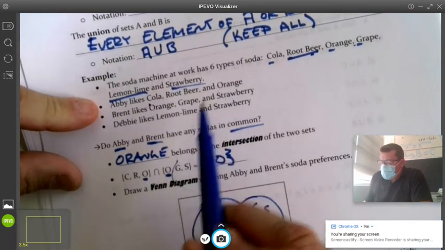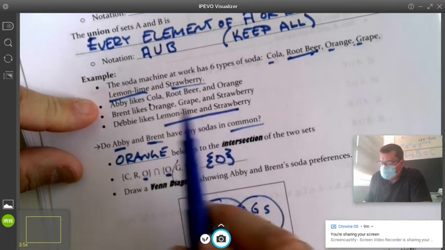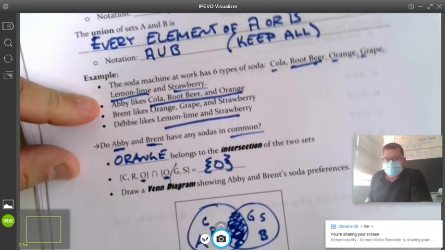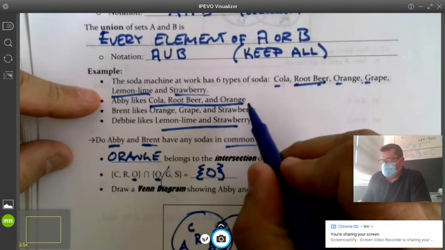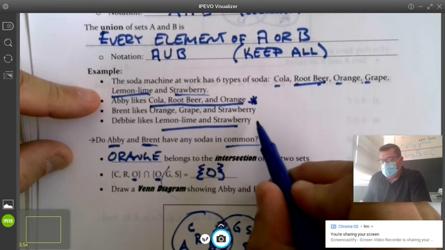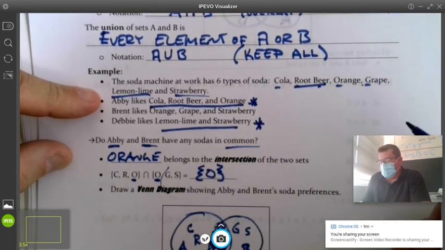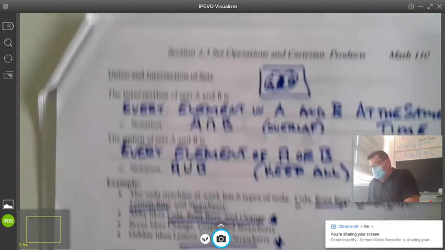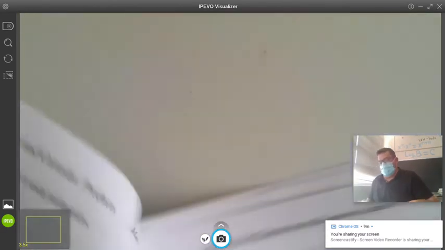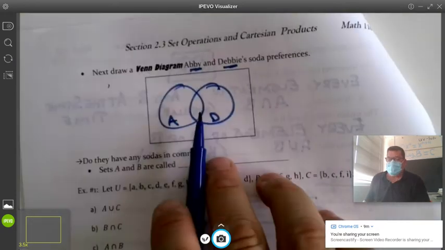What soda do they have in common? Does Abby have anything in common with Debbie? No, none. So we fill in that innermost circle first, and nothing goes in there.